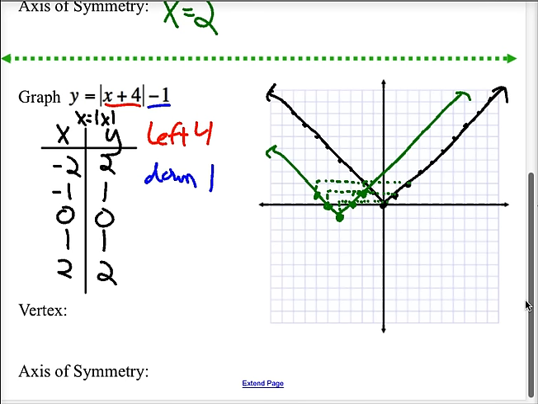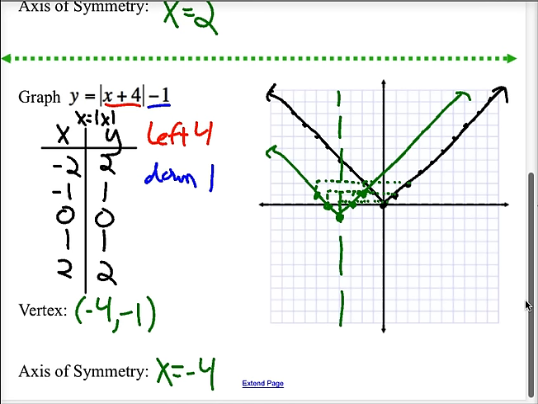That's the one that you really want. So its vertex shifted 4 to the left and down 1. And then its axis of symmetry is always the line through the x value of the vertex. So my axis of symmetry would be the line x equals -4, because that is the vertical line that goes through there.